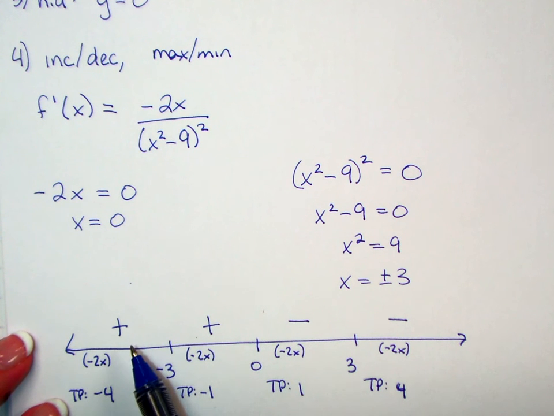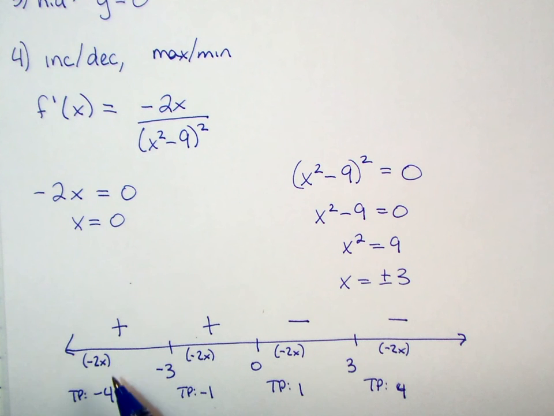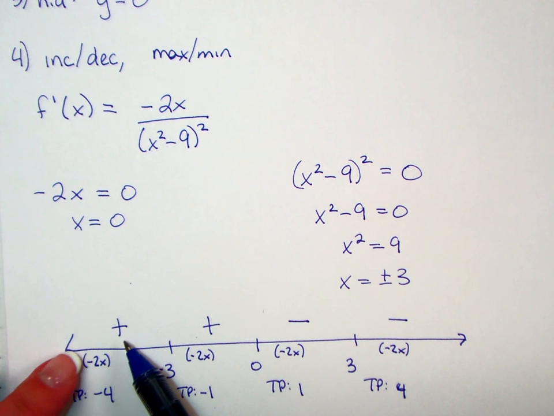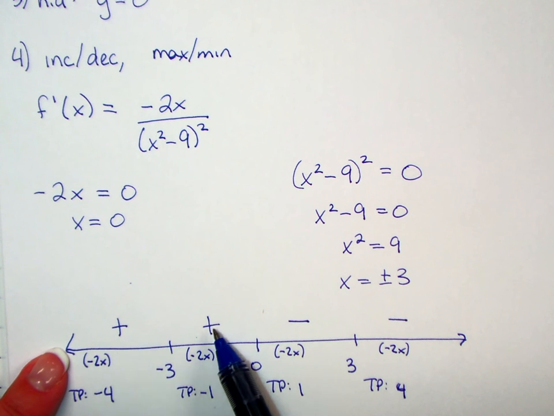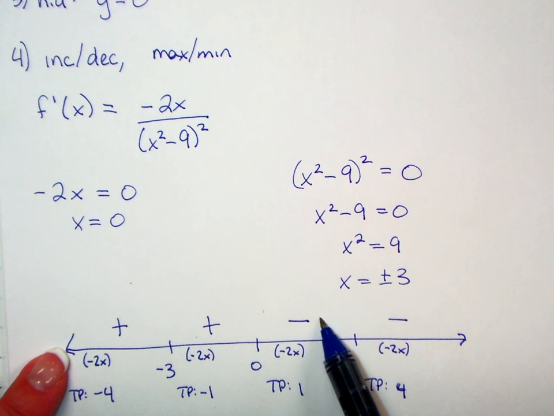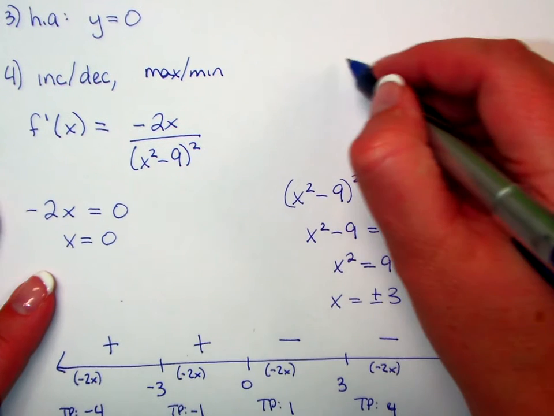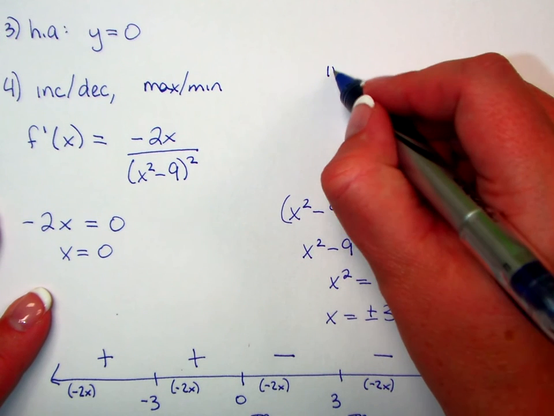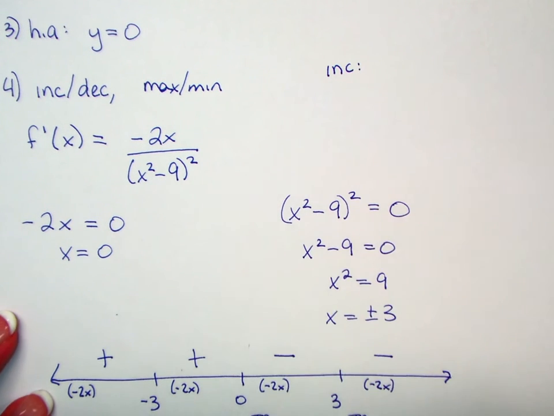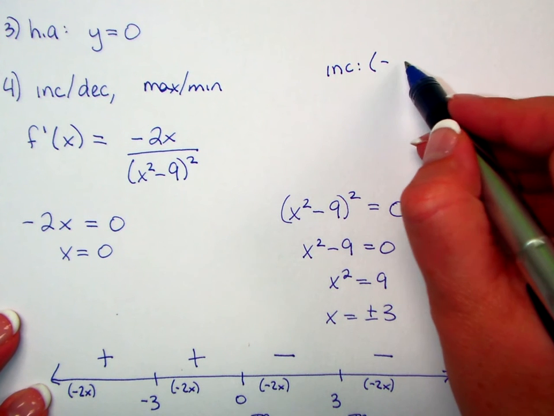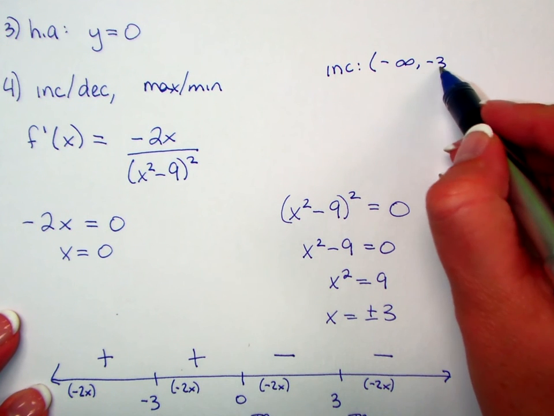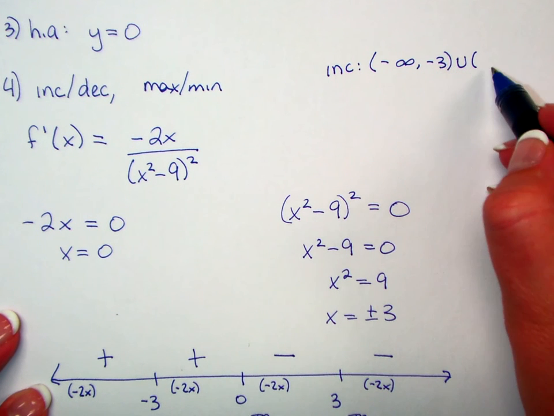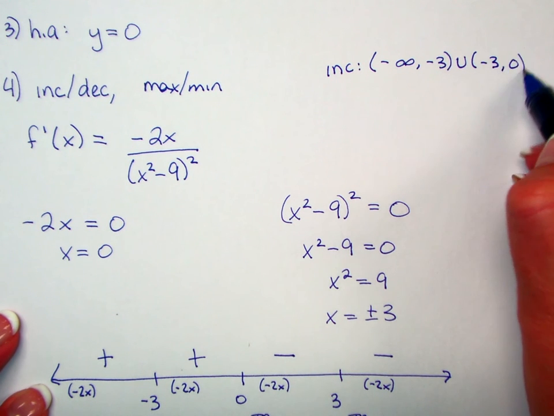So the first derivative test, or the increasing-decreasing test, says if the derivative is positive, then the function is increasing. So we're increasing on these 2 intervals, and we're decreasing on these 2 intervals. So I'm going to go ahead and go up here and write those down. So we're increasing from -infinity to -3 union -3 to infinity.